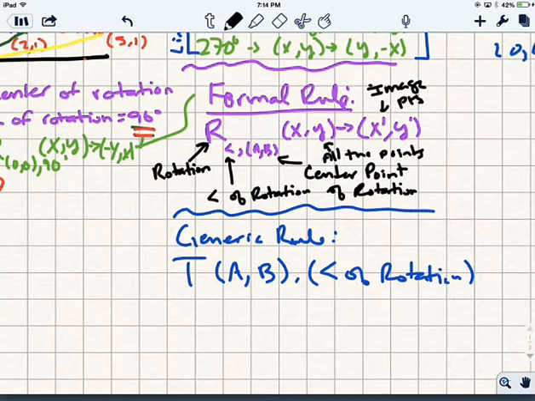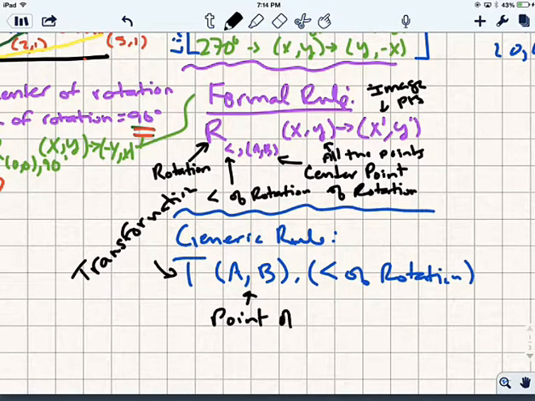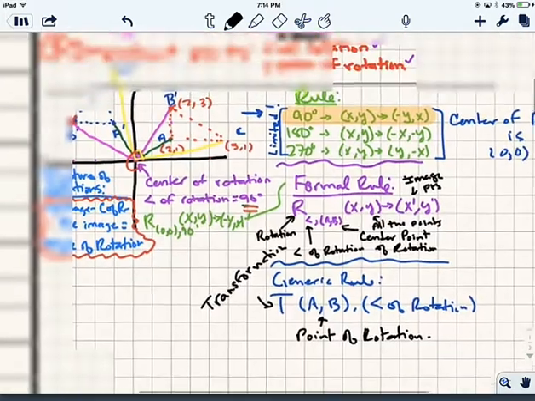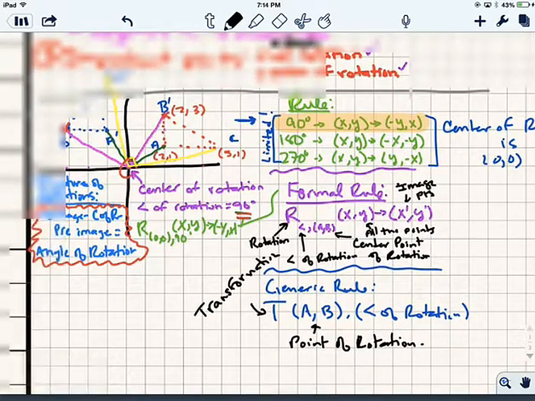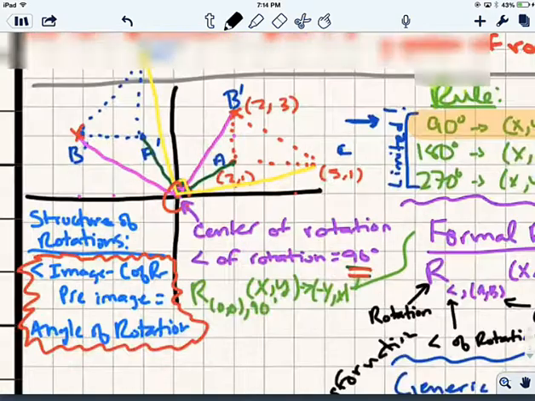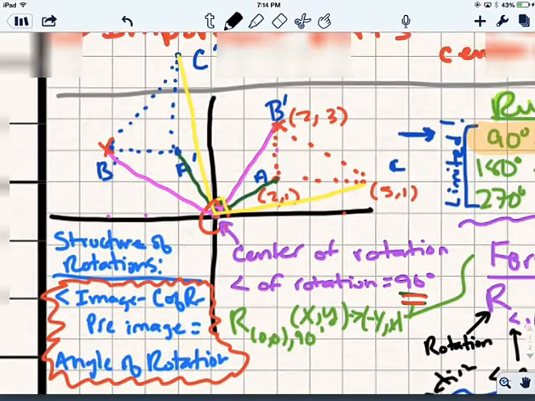And again, the unfamiliar bit here, that just stands for transformation. And that is still the point of rotation. Okay, so very formal stuff, but in the end, I would argue this is a big revelation that we need to think about. I'm going to show you some examples in a moment of how that applies.